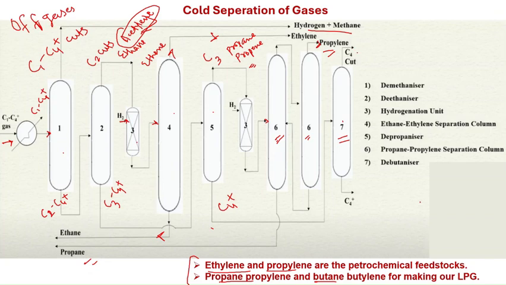It gives off the butane cut from the upper side, and if there are C4 plus cuts, meaning more than butane, they are given off from the bottom. Like this, these off gases are purified and separated into different cuts. Okay, am I clear?